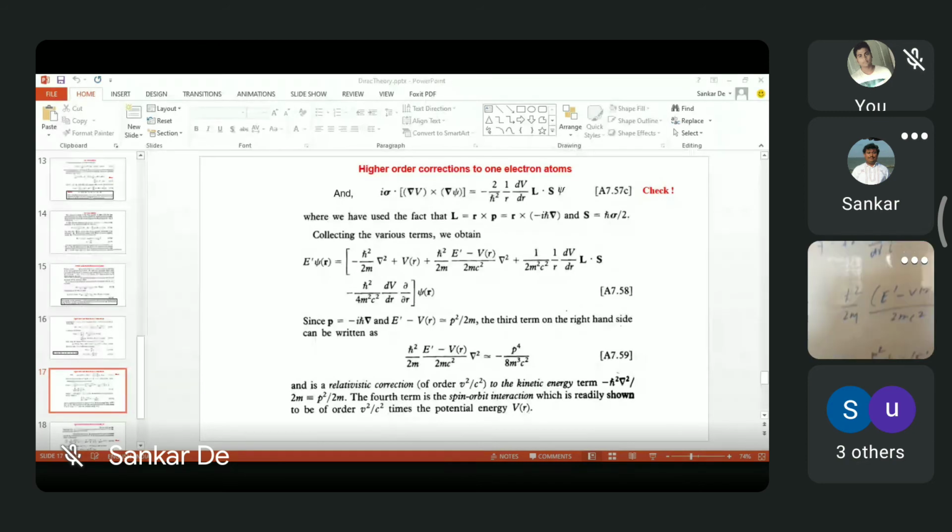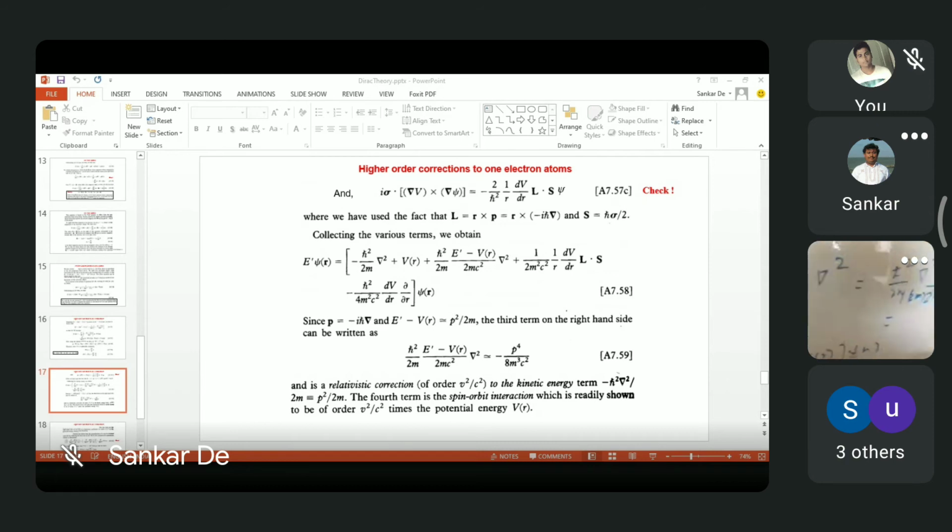Okay, sir. So this is what is written on the left hand side. This is my Schrodinger equation. I just took V(r) psi(r) from the left side to the right hand side. So this is what I got. E prime minus V(r) I can write as p square by 2m. So I just put it over here. As you can see, it was 2mc square, so again 2m I should write, right?